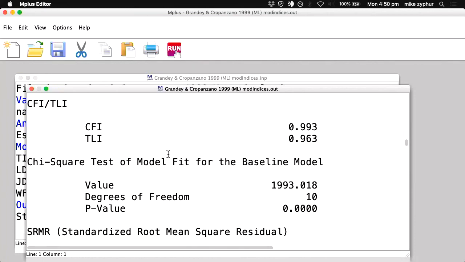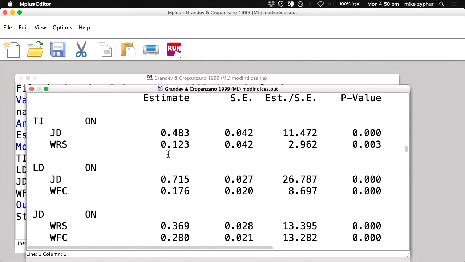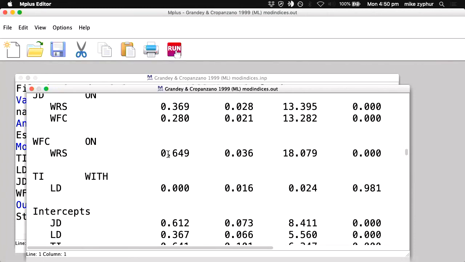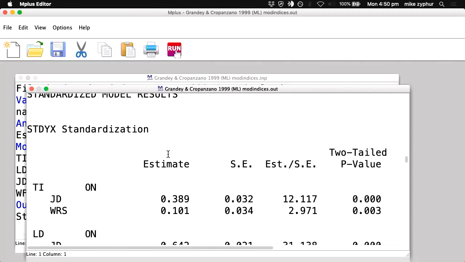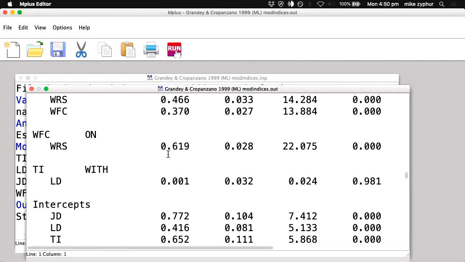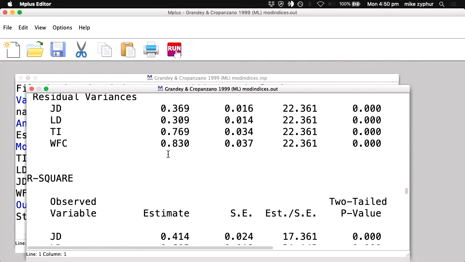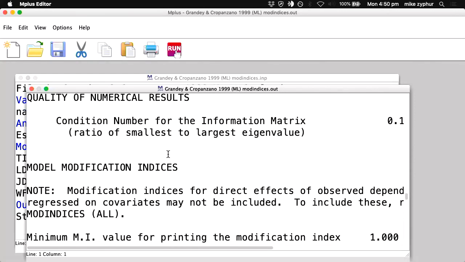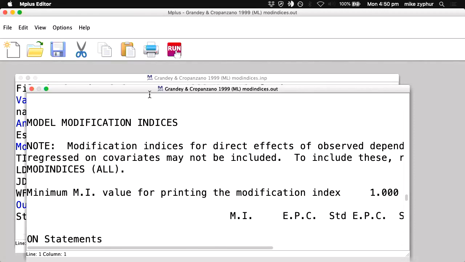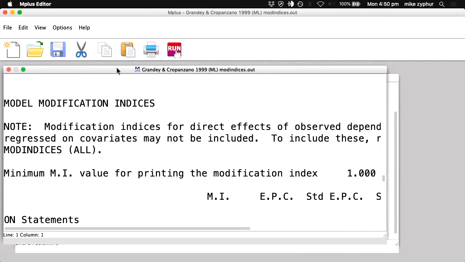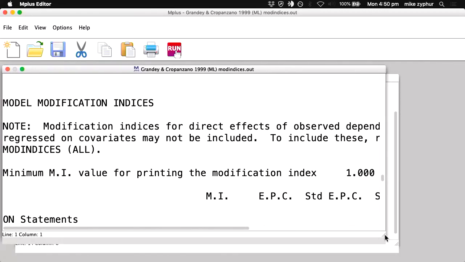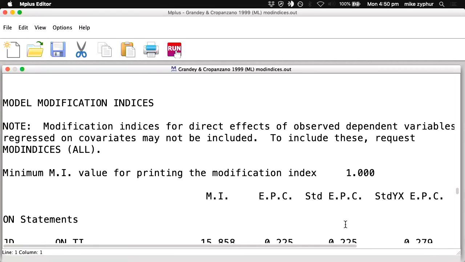and we scroll down, sorry, I'm going very quickly, I apologize. I'll go slowly. We're going to scroll down through all the results until we find mod indices. And you can see what this is. Model modification indices should come with a warning: can lead to overfitting.